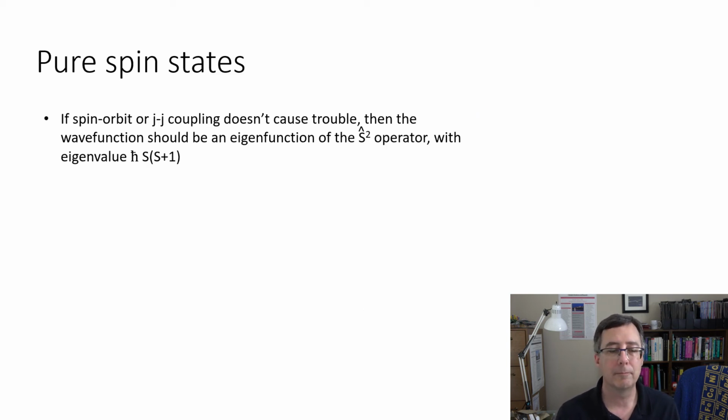Let me finish up this talk with a little bit about spin pure states and spin contamination. Now, if you have molecules that contain very, very heavy atoms, then the whole spin idea goes out the window anyway, because it's no longer a valid concept with very heavy elements.